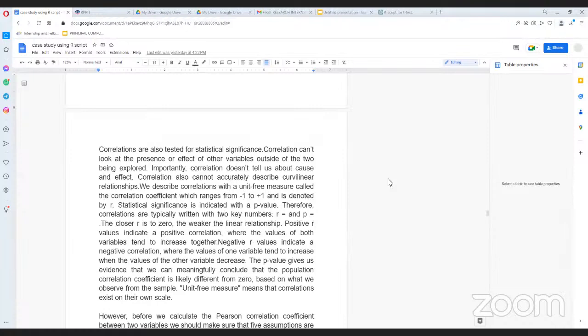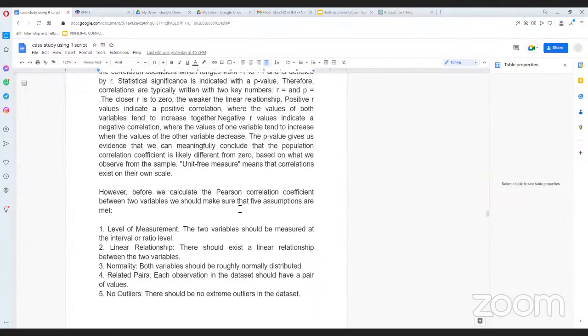A positive R value indicates a positive correlation, where values of both variables tend to increase together. Negative R values indicate a negative correlation, where the values of one variable tend to increase when the values of the other variable decrease. The p-value gives us evidence that we can meaningfully conclude that the population correlation coefficient is likely different from 0, based on what we observe from the sample. Unit-free measure means that correlation exists on its own scale.